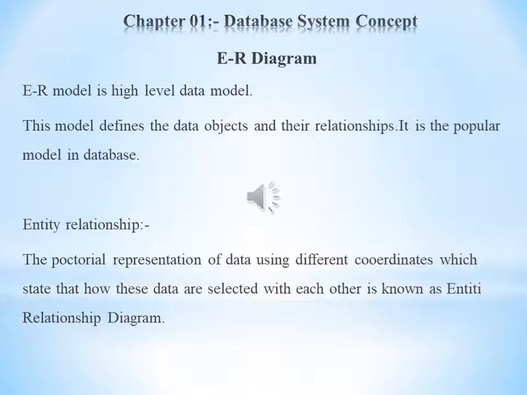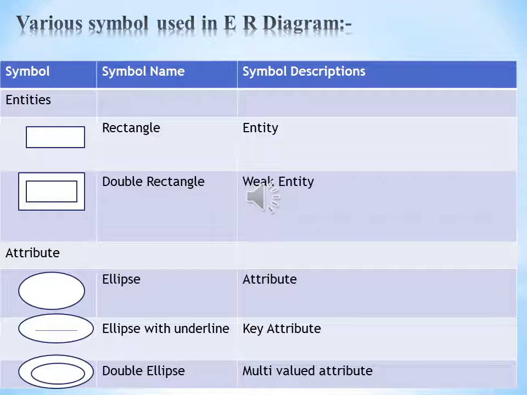Entity relationship means the pictorial representation of the data using different coordinates, which states how these data are related to each other. The ER diagram expresses the logical structure of a database graphically.